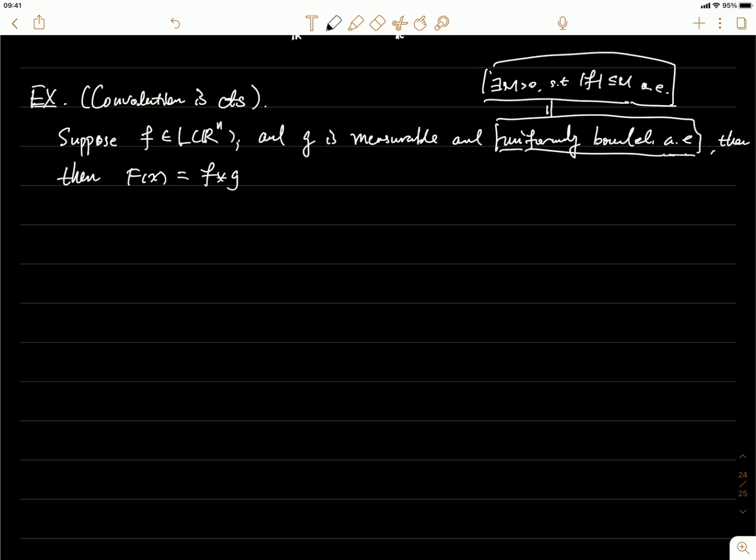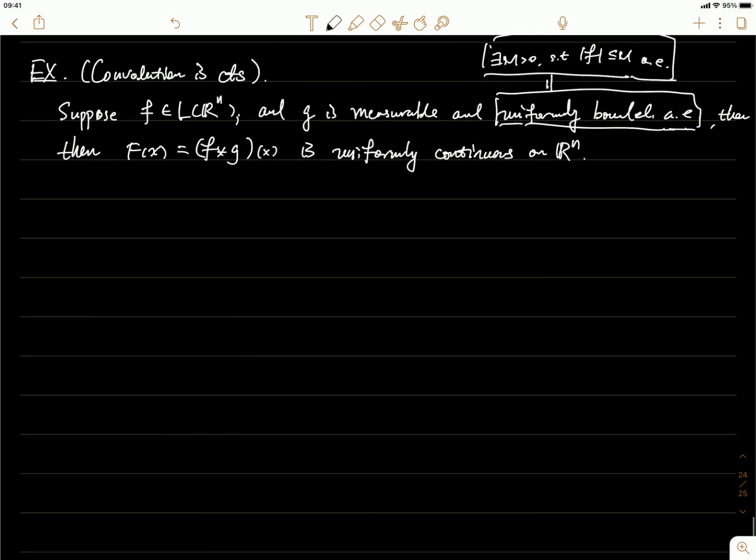Then the convolution: if we have an integrable function f and a measurable and uniformly bounded function g, then the convolution of these two gives us a uniformly continuous function. Okay, so to prove this, you think of what we need to get the uniform continuity.